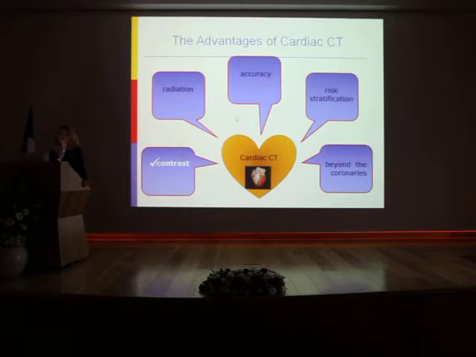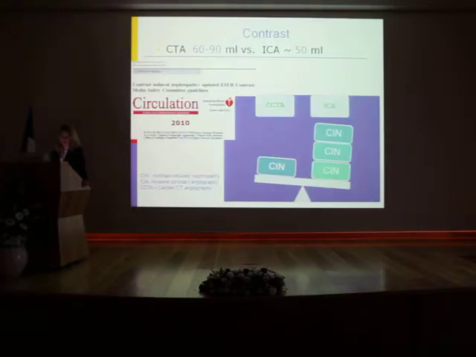Now, if we compete with other cardiac imaging tests, we need to show the advantage of cardiac CT, and all those points I'm going to review shortly in order to prove that it is really an advantageous technology. So first, do not harm your patient. Contrast, what about the contrast? We need more contrast doing cardiac CTA when compared to other anatomical options, invasive coronary angiography.